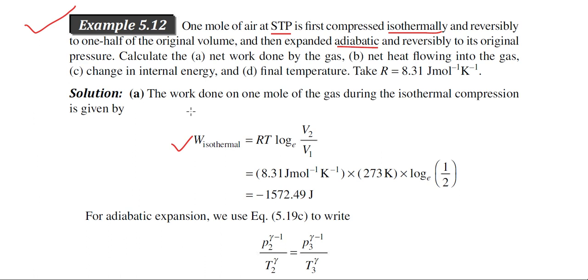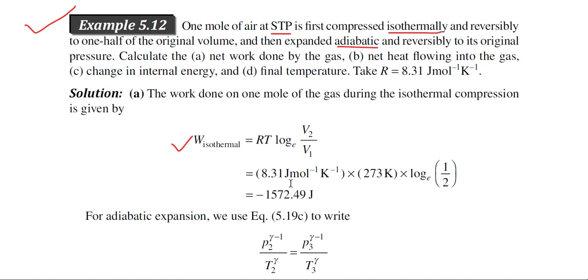At first we are considering the isothermal expansion. During isothermal expansion, we know the expression of the work. It is nRT log V2 by V1, but n is 1 mole, as has been mentioned, and the volume is halved, so V2 by V1 is equal to half.